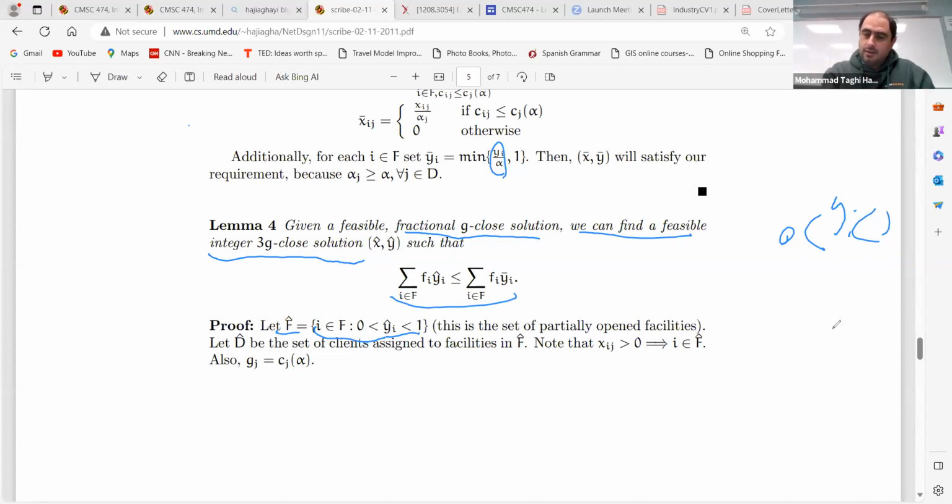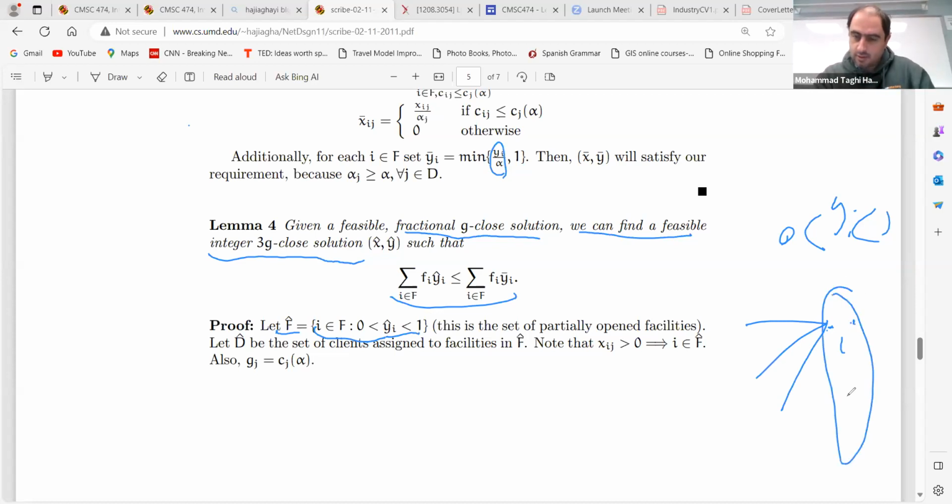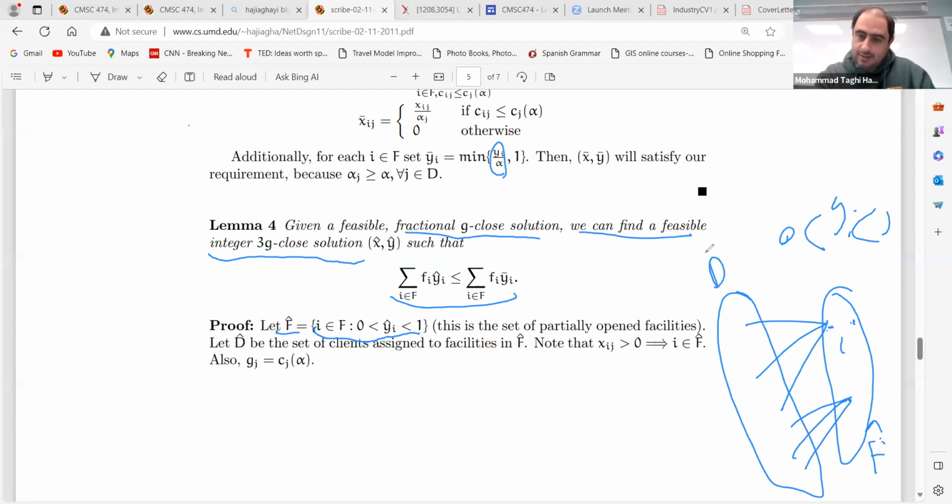Now consider this facility i, where y_i is between 0 and 1, and the issue is that this facility is serving some clients j. If you consider the set of all such partial facilities, not just one of them, this is F hat, and D hat are those clients that are served by these facilities.